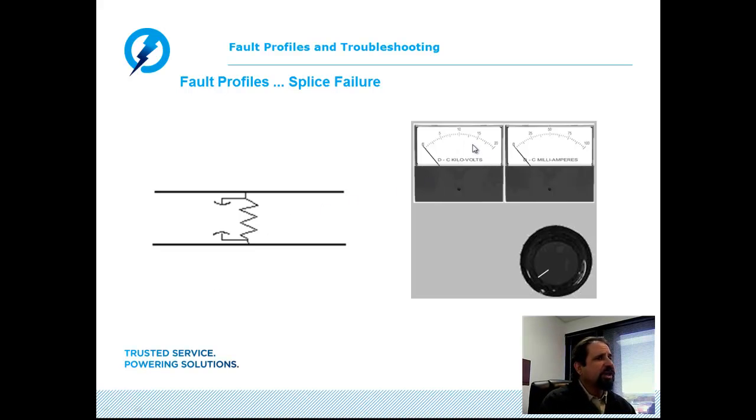So again, when looking at this on an average surge generator or thumper, we would charge the internal capacitor to the value that we want to discharge at. At time of discharge, what we may see is a very subtle or weak kick back on the voltmeter and a rather subtle or weak kick forward on the ammeter. Again, that is an indication that we have a large gap.